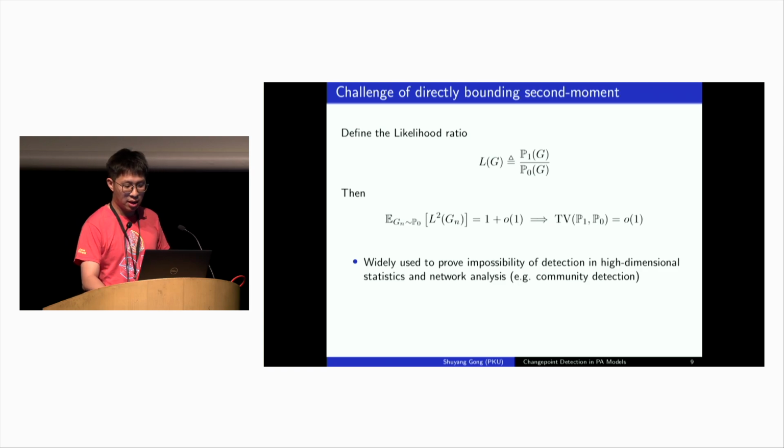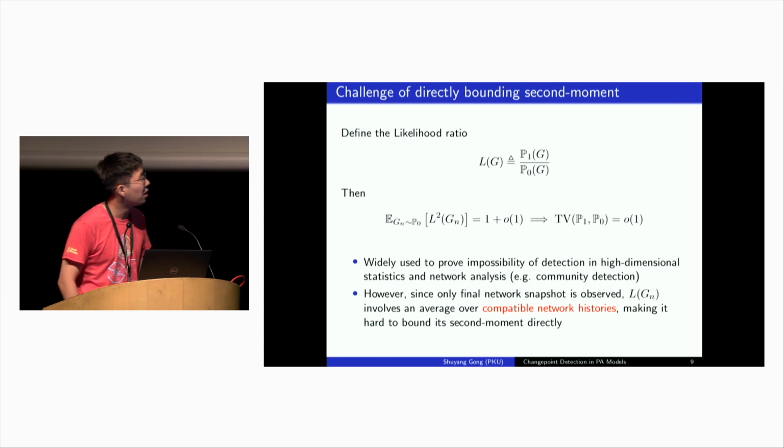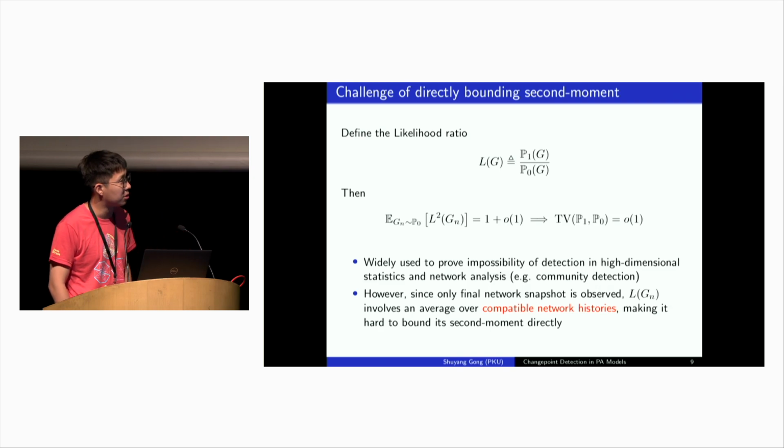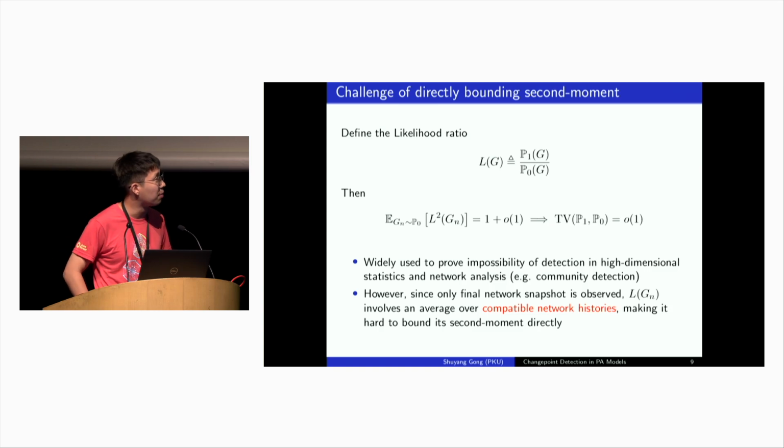But in our problem, since only the final network snapshot is captured, the likelihood ratio is very complicated. It involves an average over all compatible network histories, meaning you need to find all possible network histories that have this Gn as their final snapshot. So this is very hard to bound.